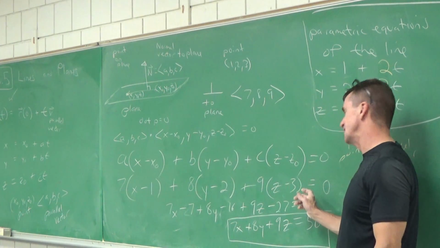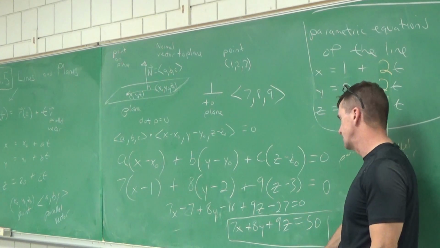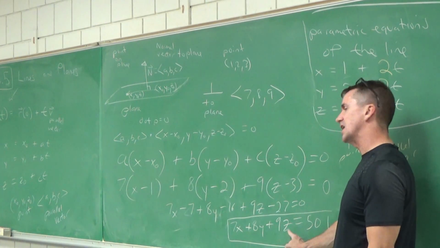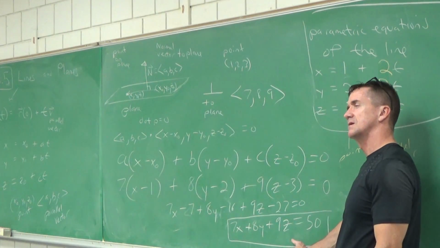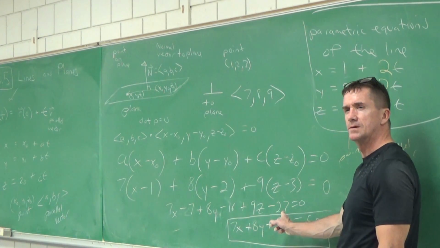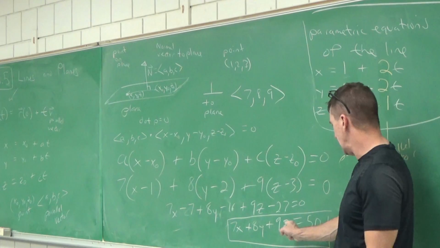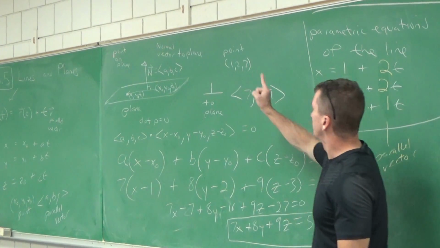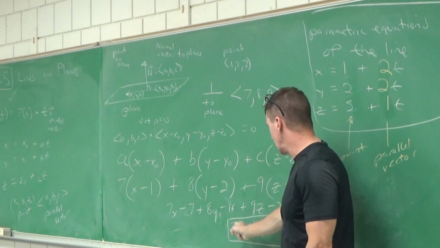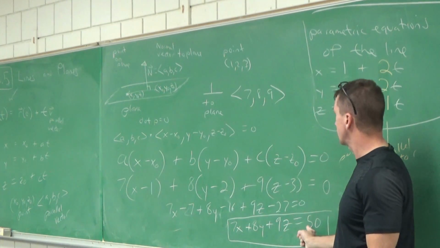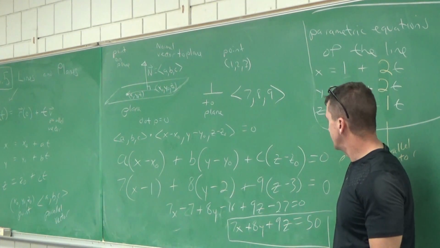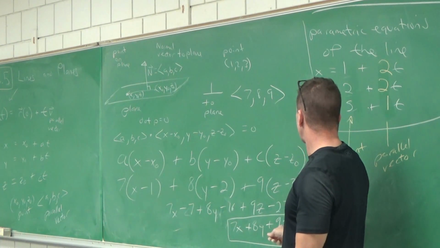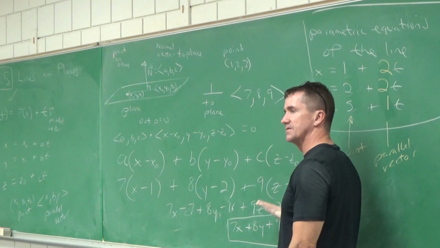You don't have to leave it equal to 0, you can simplify it. How can I check to see if I did this right? Because I'm not going to screw up distributive property. What would have to fit in this x, y, and z so it does equal 50? The point. You can plug that point right back in here, and it should all turn into 50. 7 plus 16, 23. 23 plus 27, you bet is 50.